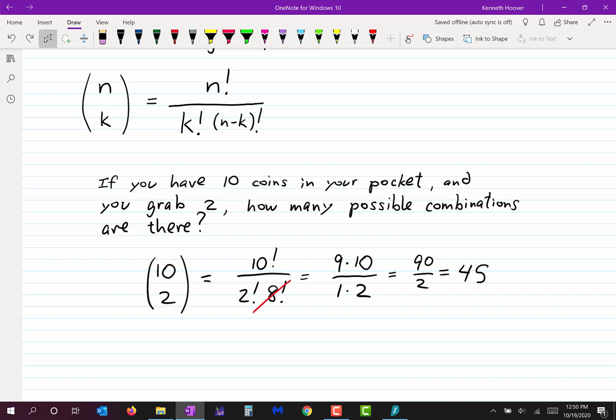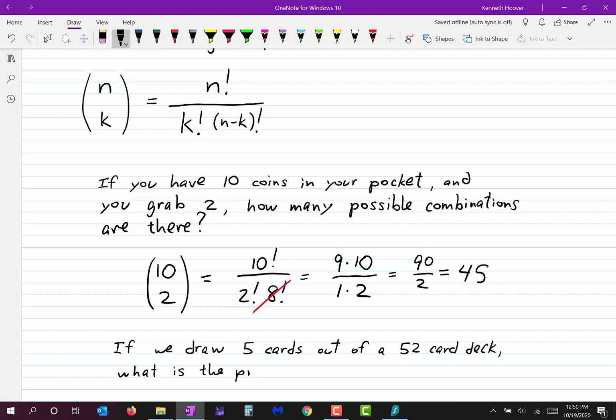Okay, so I'm going to write this question down. If we draw 5 cards out of a 52 card deck, what is the probability of drawing exactly 2 aces?